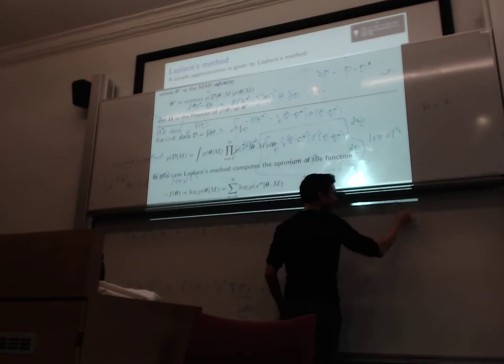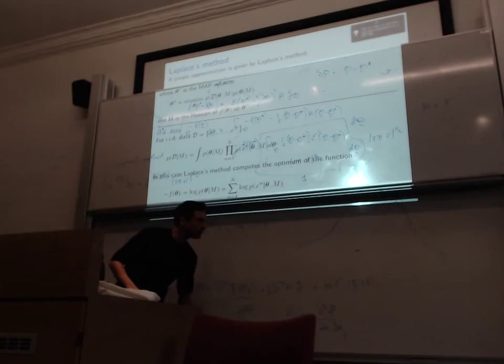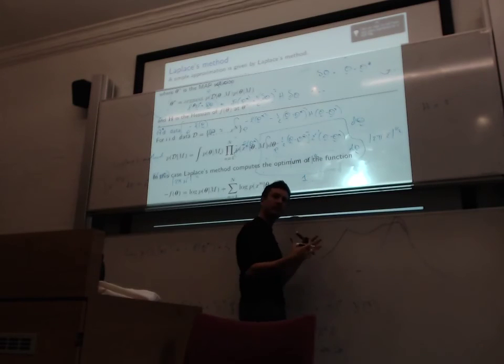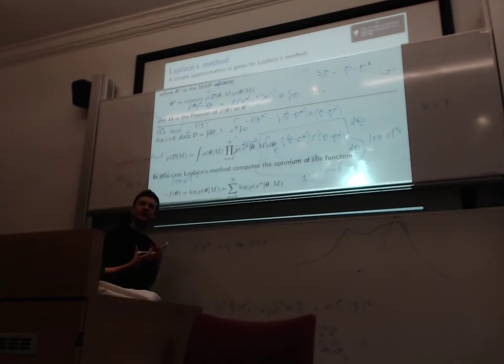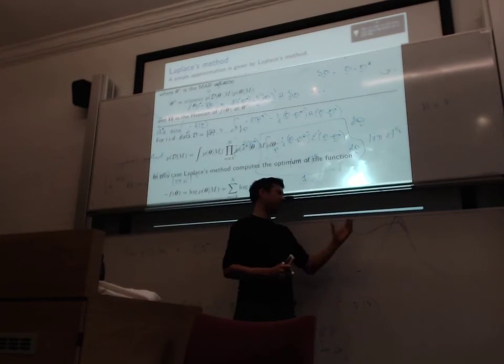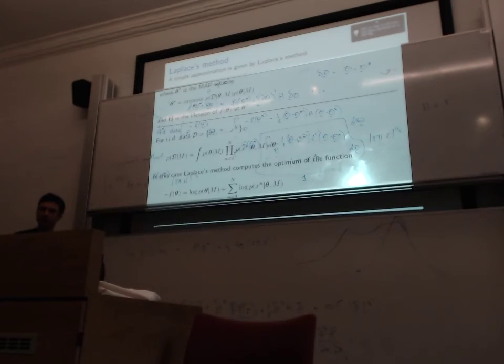We're going to approximate that by the Gaussian, essentially. That's what we're doing effectively. But clearly, if this posterior is really sharply peaked around a particular point, if it looks kind of Gaussian, then Laplace's method will work very well. It will be a great approximation, or usually good enough. If it's not close to Gaussian, it's going to be bad. So it's not a panacea.